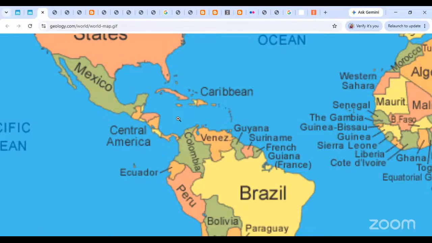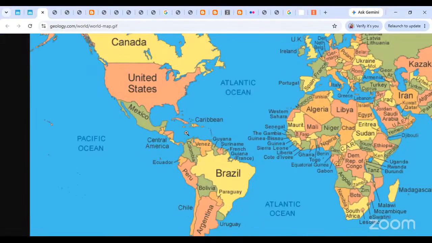The lock system is basically there to keep the buoyancy alive even when the water is less. The canal height and this height are different. So this is the Panama Canal, which connects the Pacific Ocean and the Atlantic Ocean.